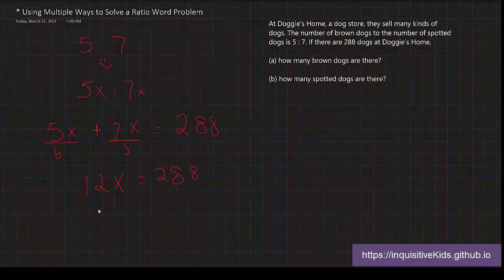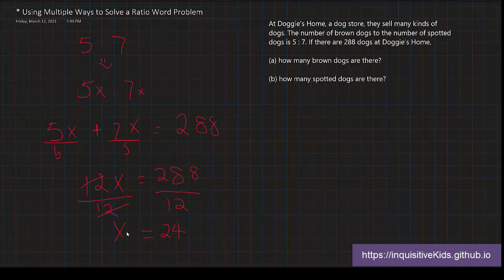And then we divide by 12 on both sides, leaving x all alone on the left side of the equation. These two 12s cancel out, leaving us with just x equals 24. But remember, we're not done yet. We need to find the number of brown dogs and spotted dogs.